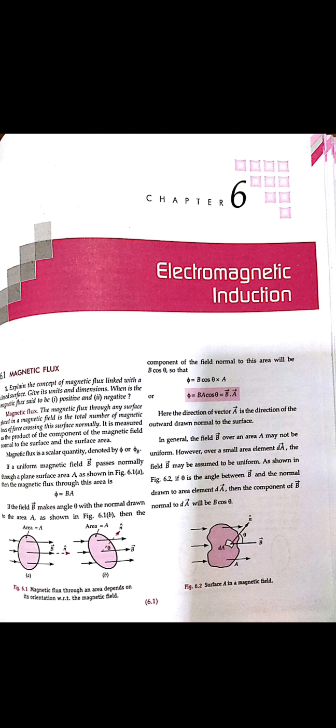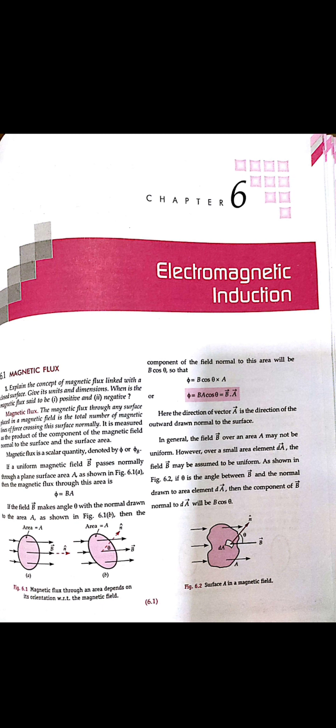The total number of magnetic lines of force passing through a surface perpendicular to that surface is said to be the magnetic flux. We can say that it is a scalar quantity because it does not depend on direction.